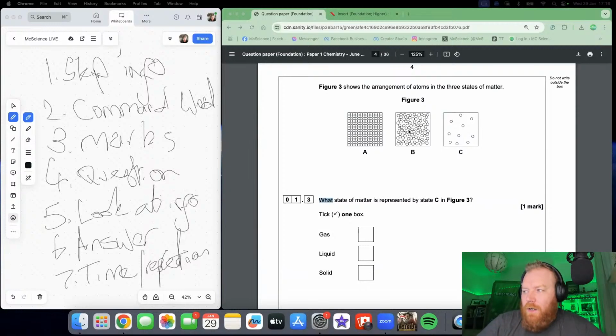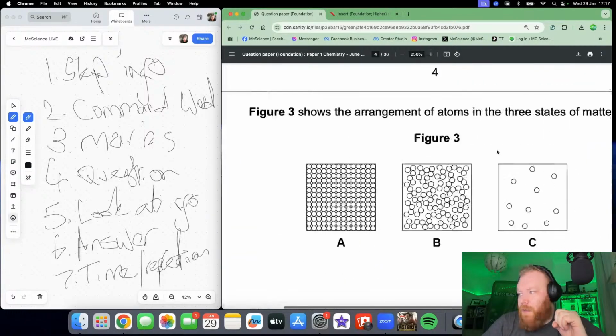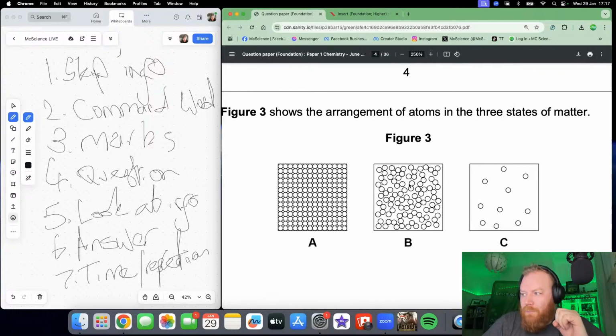Our liquid, now this is one of these things that unfortunately, because it is a two-dimensional image, we can only draw it in a certain way. Now, liquids are like solids in the sense of they're all touching. So where we've got on here, for example, these big gaps in between, they wouldn't be there at all.